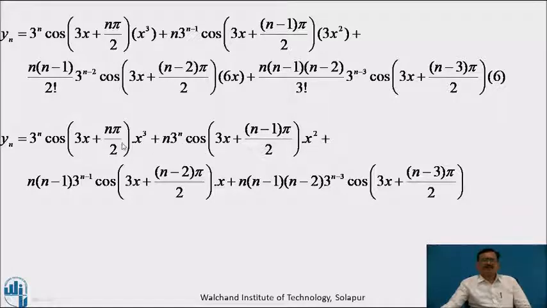Plus, now here 6 by 2 factorial, what will remain is 3, and n into n minus 1 as it is, and 3 raised to n minus 2 and one more 3 means 3 raised to n minus 1, cos of 3x plus n minus 2 pi by 2 into x, plus, now here 3 factorial means 6 and 6 will get cancelled, n into n minus 1 into n minus 2 into 3 raised to n minus 3 cos of 3x plus n minus 3 pi by 2. This was the n derivative of the given function.